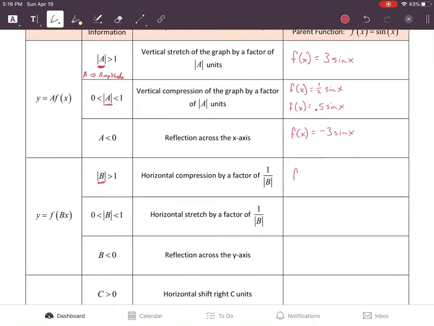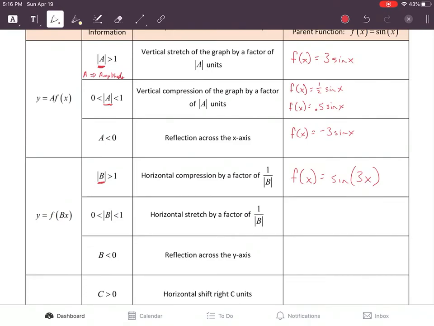So let's look at what that would look like. So you have f of x. We're going to look at sine again. So we're going to have the sine of 3 times x. Okay, so this would be a horizontal compression.